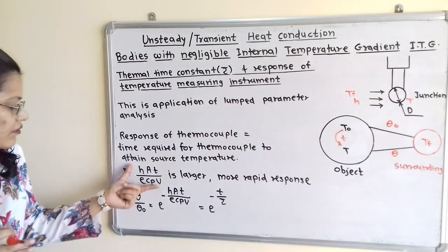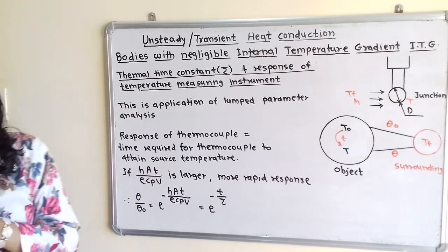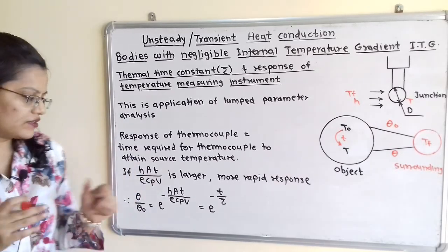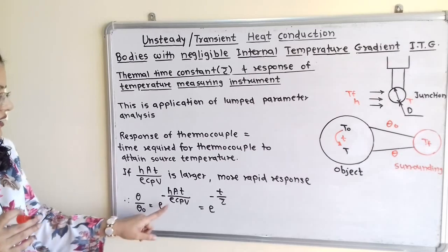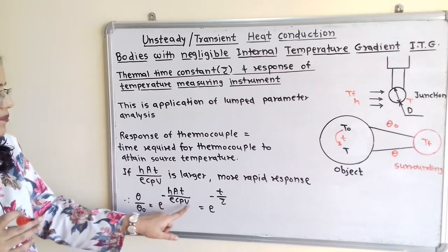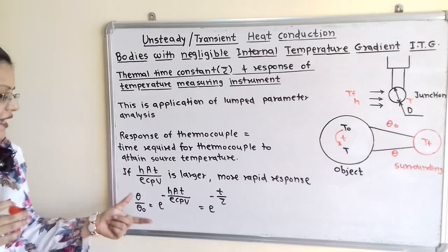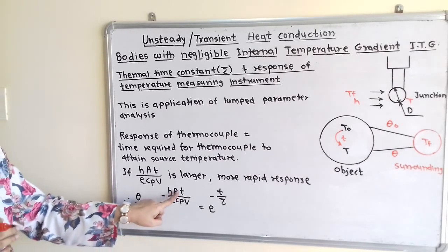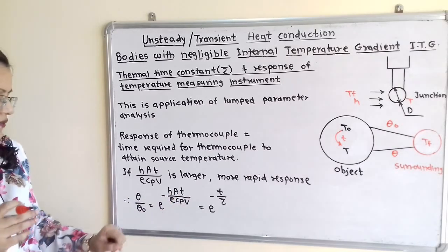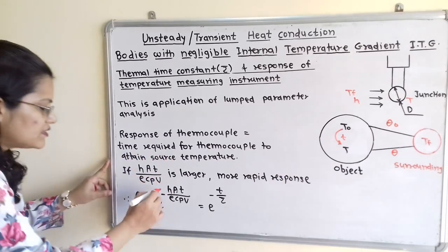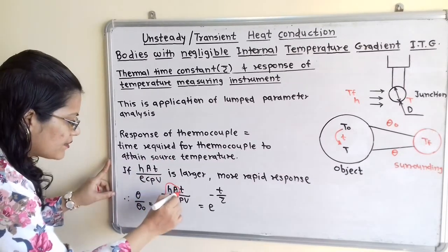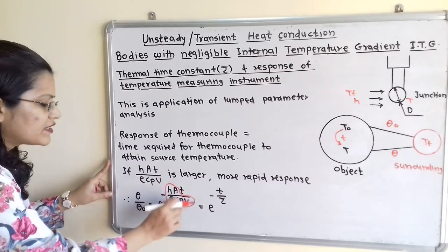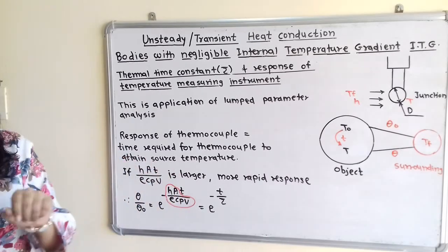Now what is the value of tau? That is the thermal time constant. The thermal time constant is nothing but rho CpV by hA. So we can rewrite this as theta by theta 0 is equal to e raised to minus hAt by rho CpV. Instead of this hA by rho CpV, we will replace it with 1 by tau.